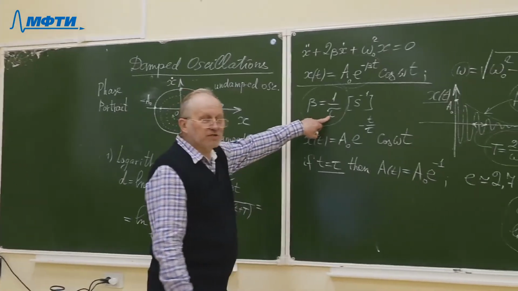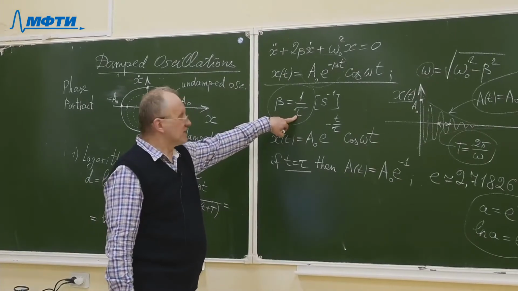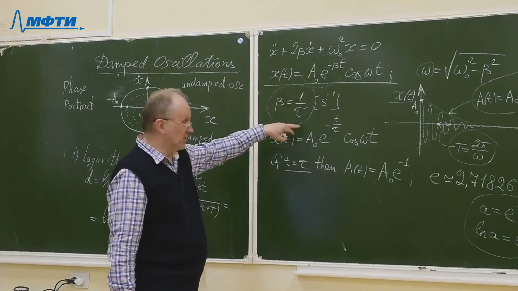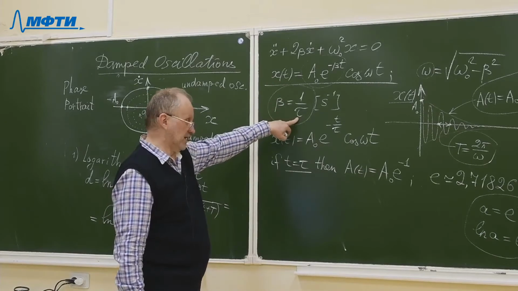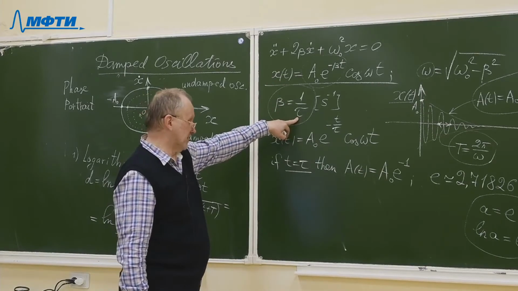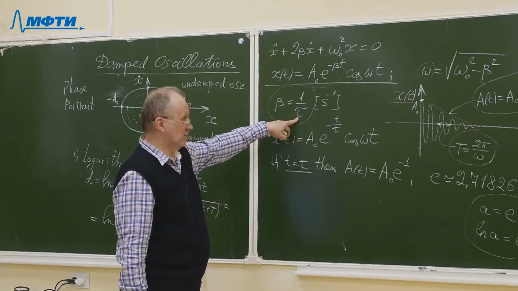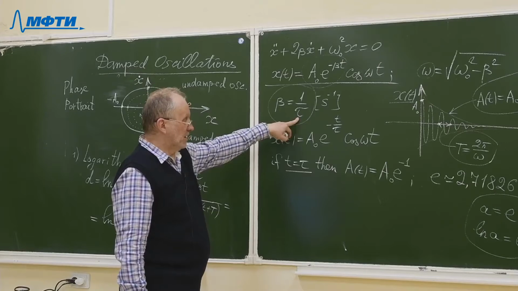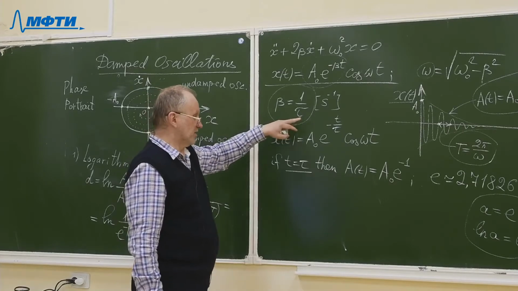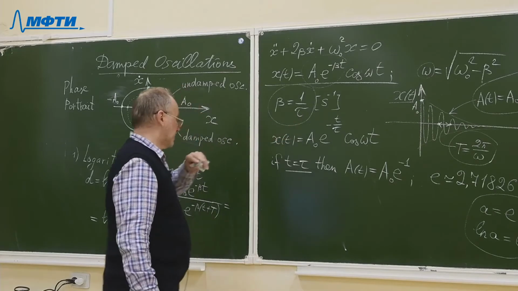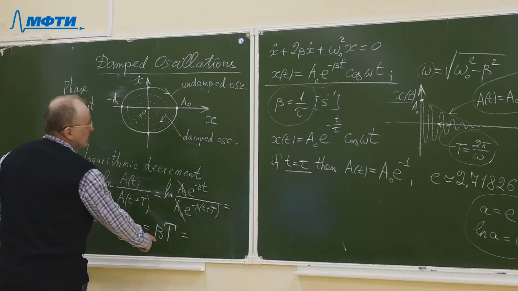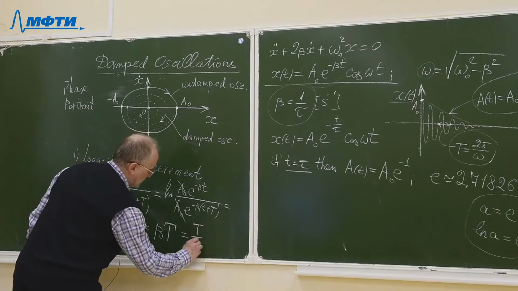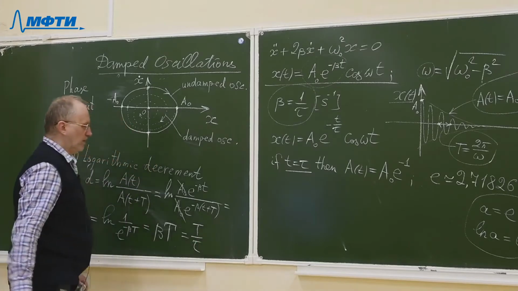By the way, tau is called the relaxation time or relaxation constant of damped oscillations. So tau has a name. It's a relaxation constant or relaxation time of the damped oscillations. So beta equals 1 divided by tau, and here we will have period divided by tau.